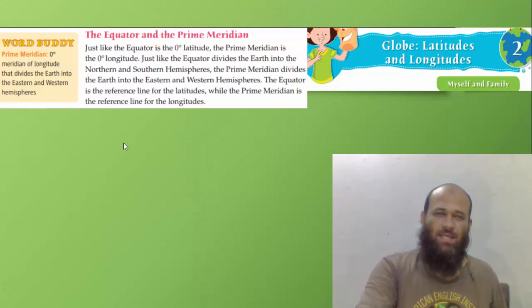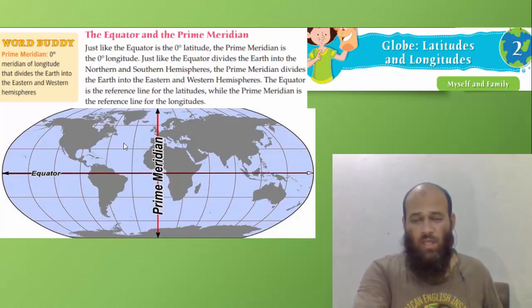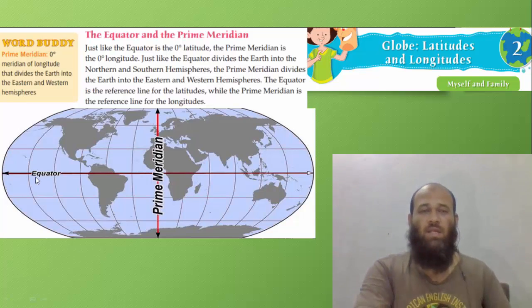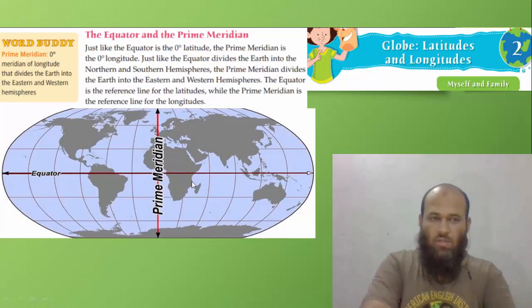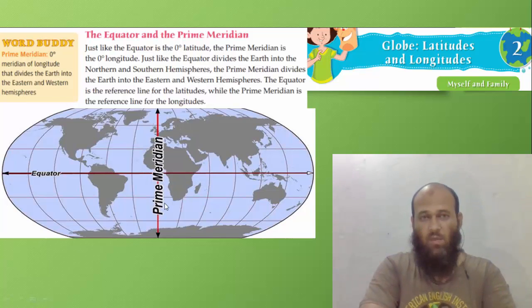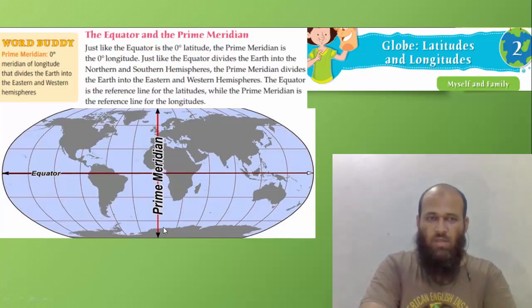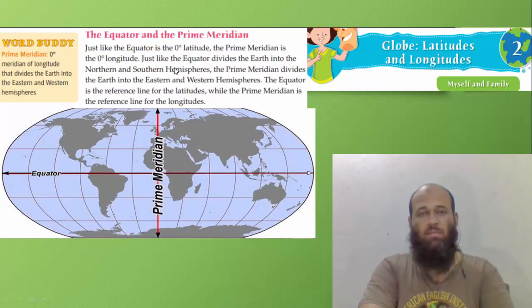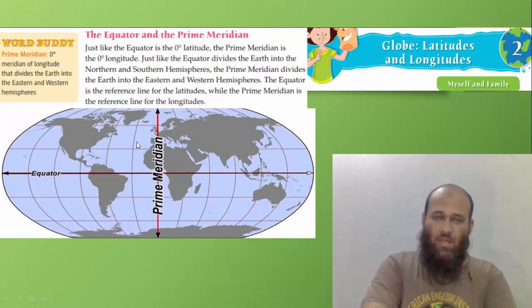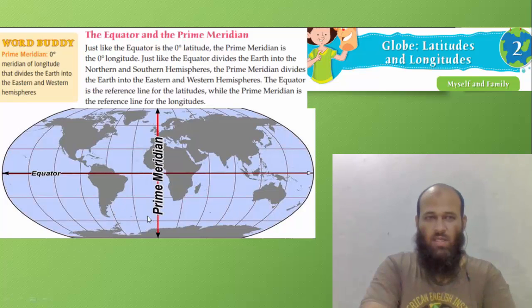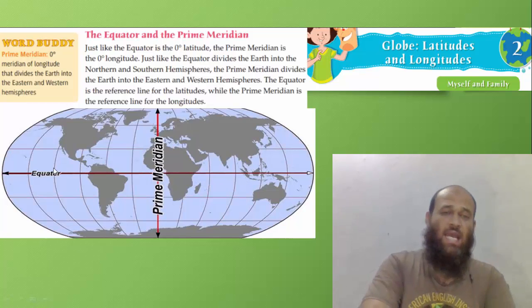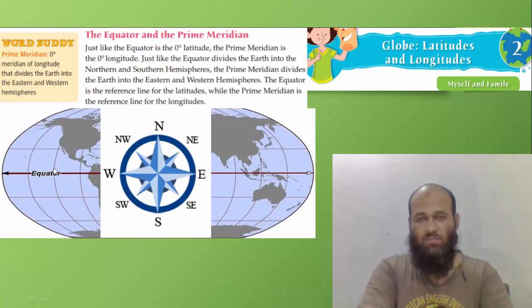Right, now the importance of the equator and prime meridian. 0 degree latitude is the equator, 0 degree longitude is the prime meridian. Just like the equator divides the earth into northern hemisphere and southern hemisphere, the prime meridian divides the earth into eastern hemisphere and western hemisphere.